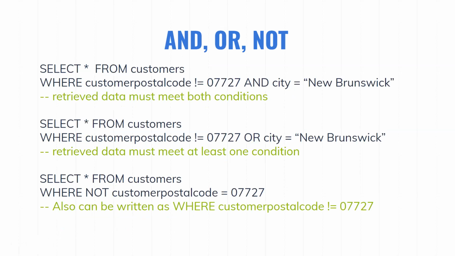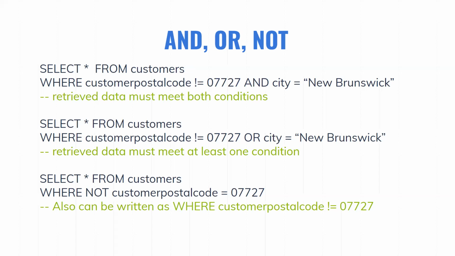And lastly, just some basics: and, or, not. In these statements, you can filter using and or or for multiple conditions. The first case, when you use and, we're retrieving data that must meet both conditions. In this case, we'd want customers that both fulfill the requirement that they don't have the postal code 07727 and that they're in the city New Brunswick.